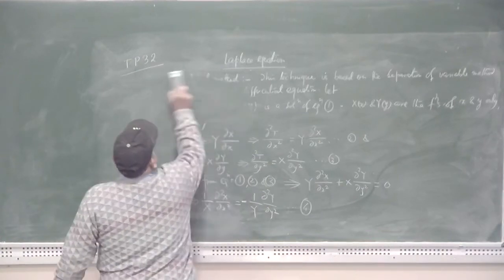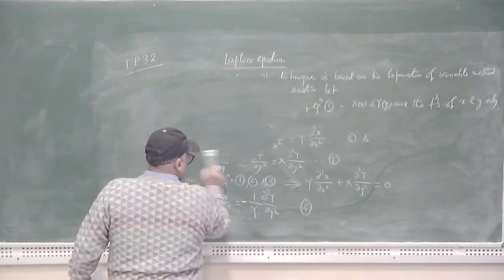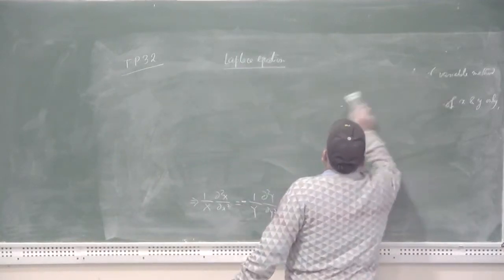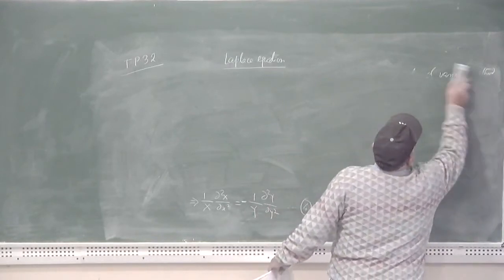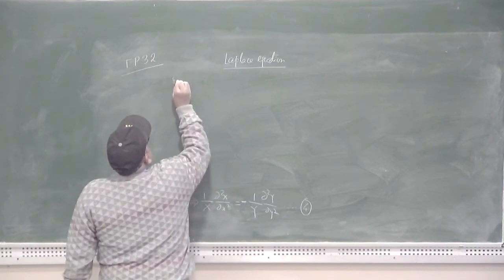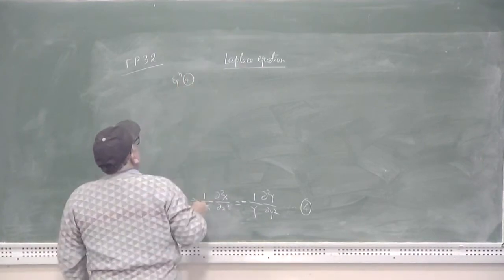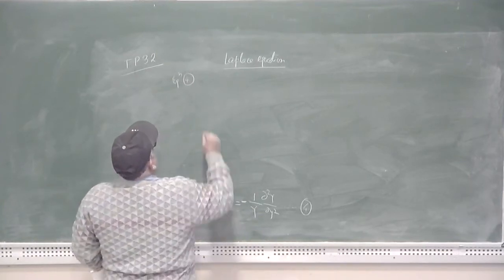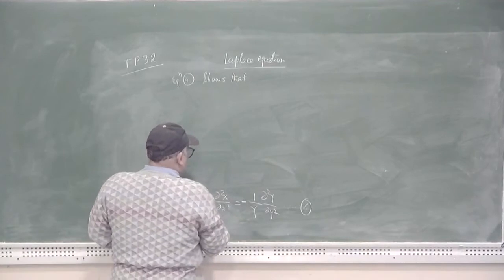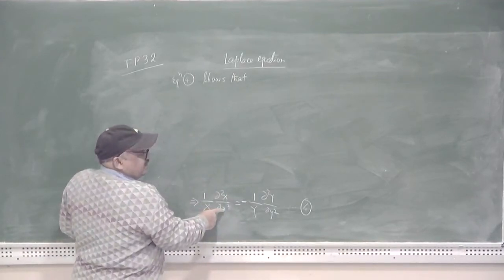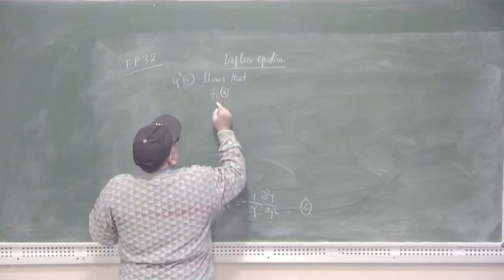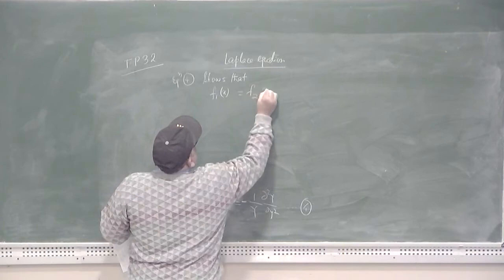So, equation number 4 shows that because X is a function of x only, (1/X) d²X/dx² will be a function of x only, say function f1(x), which should be equal to a function of y.